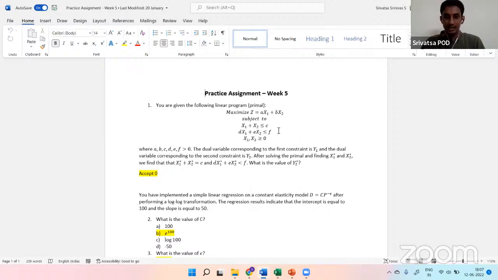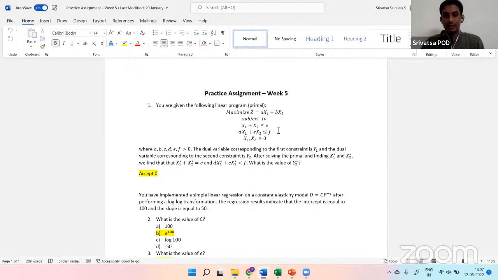The left-hand side in the first constraint is x1 plus x2, and you find that x1 star plus x2 star equals C. With respect to the second constraint, you find that the left-hand side is less than the right-hand side. So the question is to find the value of y2 star.